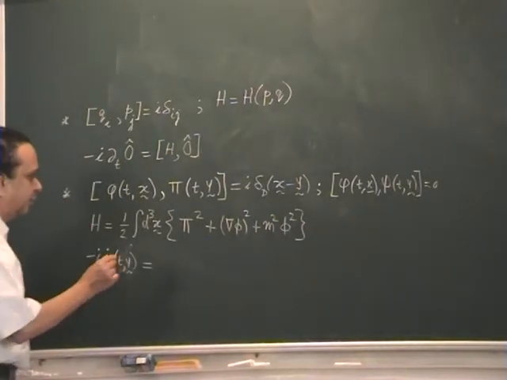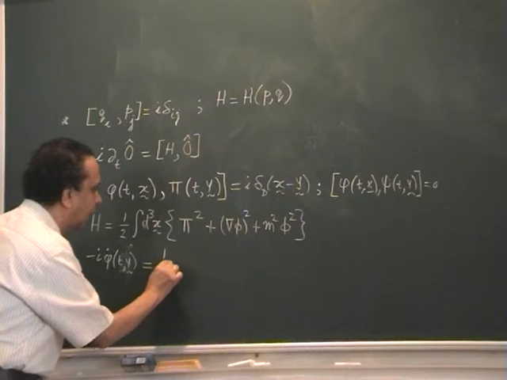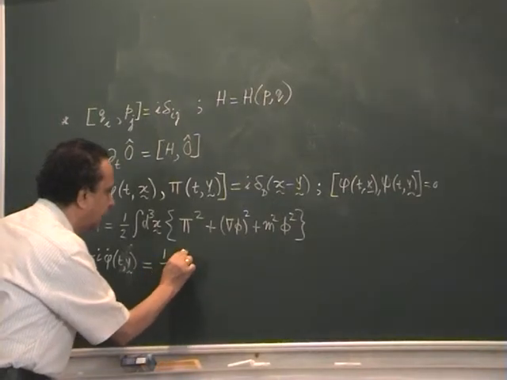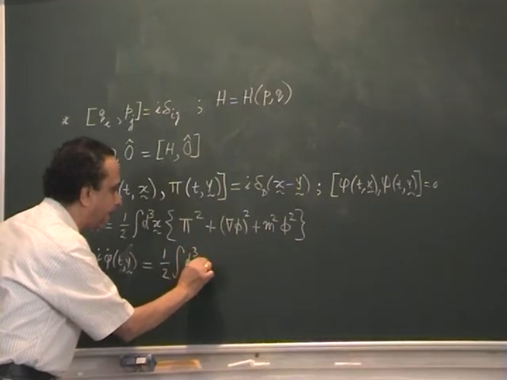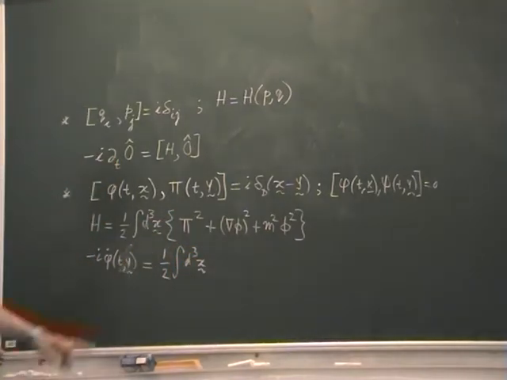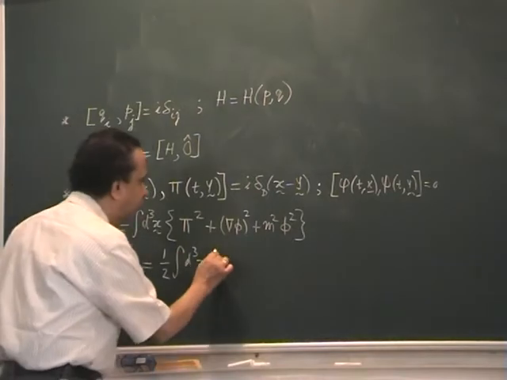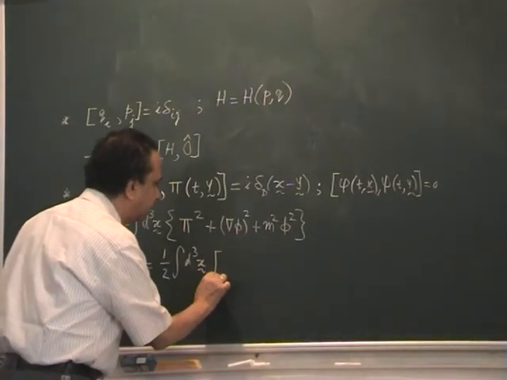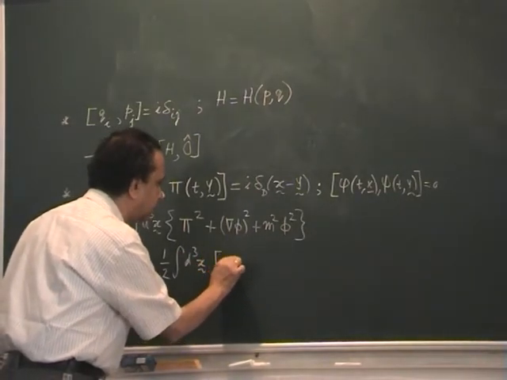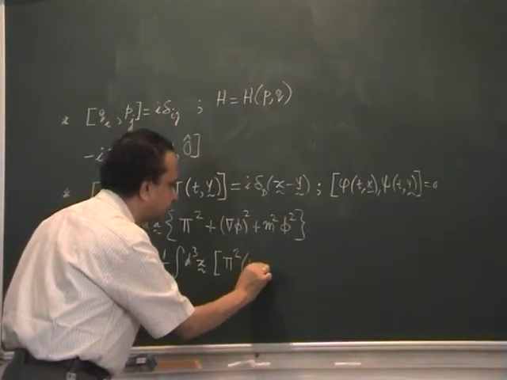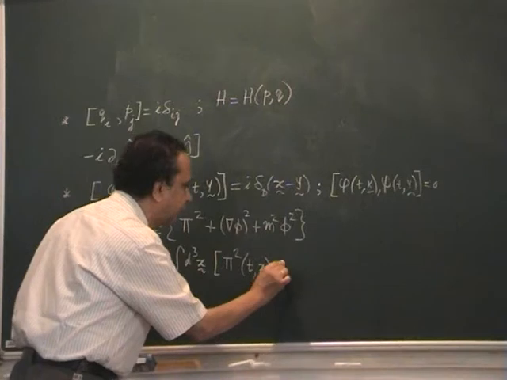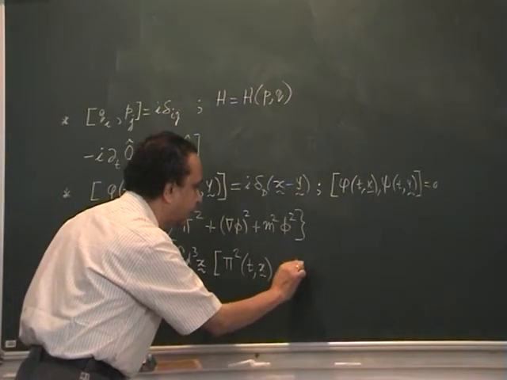Therefore, I am only left with having to evaluate half integral over d3x, the commutator of h will involve a pi square evaluated at t comma x with phi evaluated at t comma y.